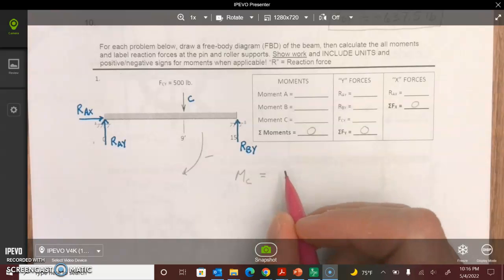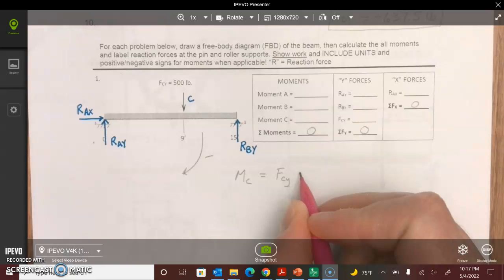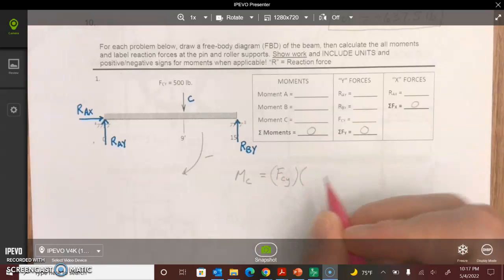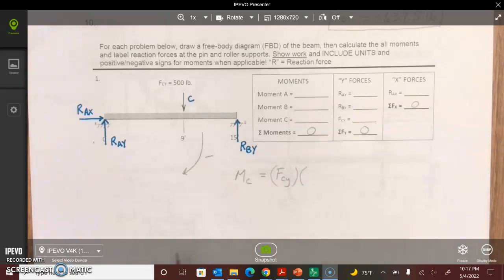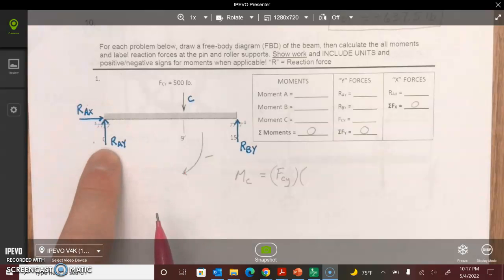Moment C is going to be found by taking the force CY, which is 500 pounds, and multiplying it by the distance it is from the pivot point. We're just going to say that this is our pivot point, because this takes away two forces here, and we can come back to those later.